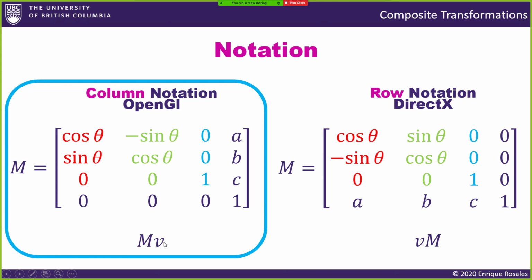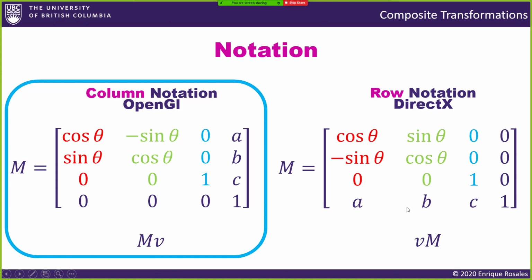There was a question that was kind of tricky, and it was basically related to this. So you need to understand which notation you need. And if you're using the row notation, the way you multiply your matrix is different. In this case, the matrix is on the right side, so it's the vector times the matrix.